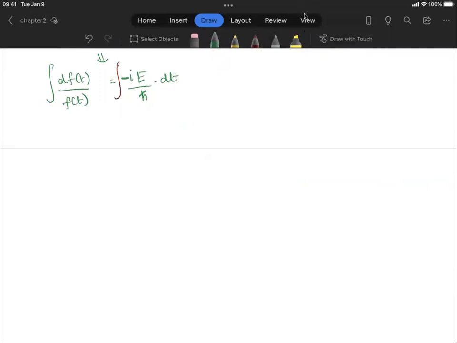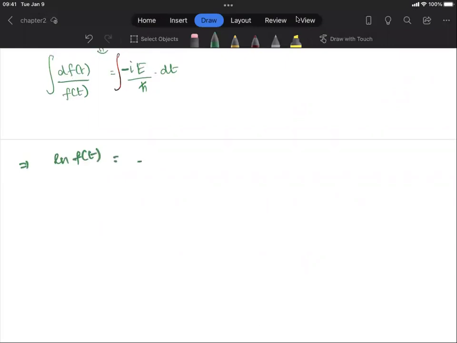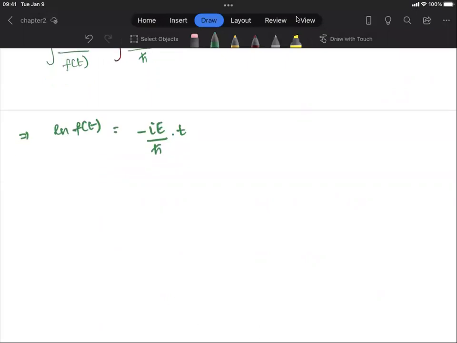So this will be the integral, and we can then write f of t to be e to the power i E t over h bar. So this would be the function of time.